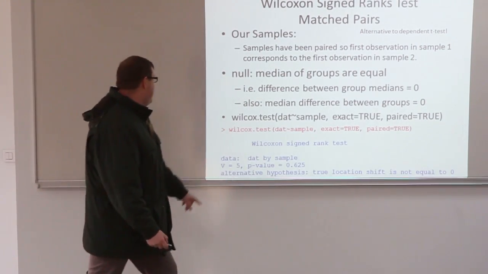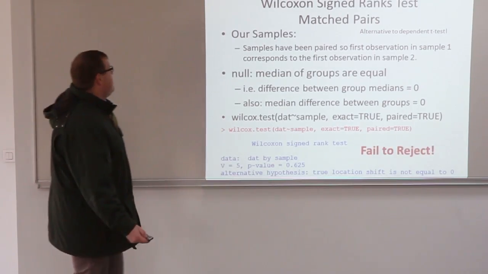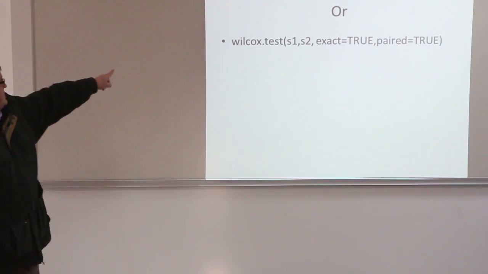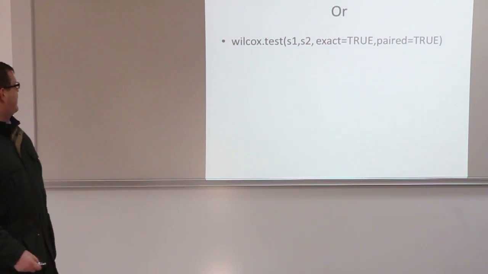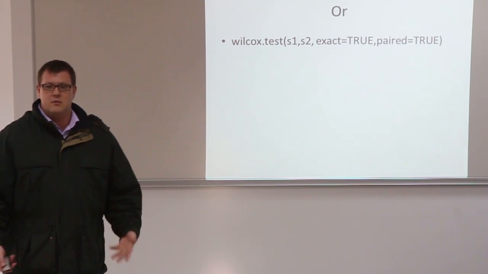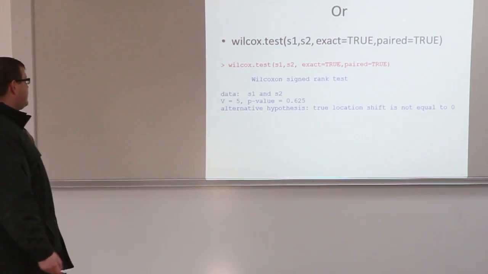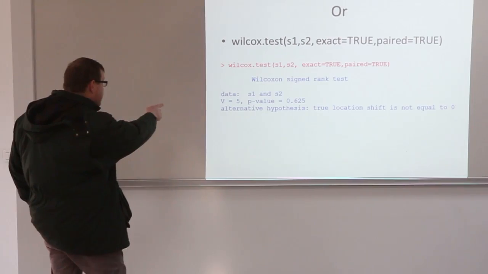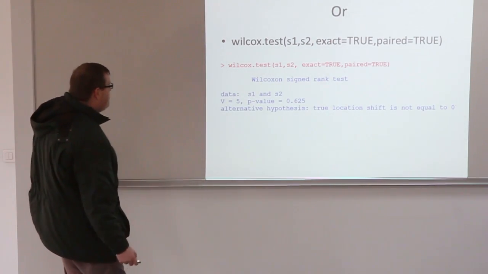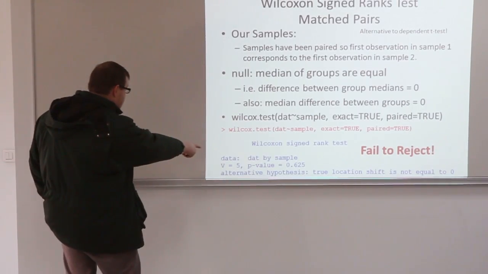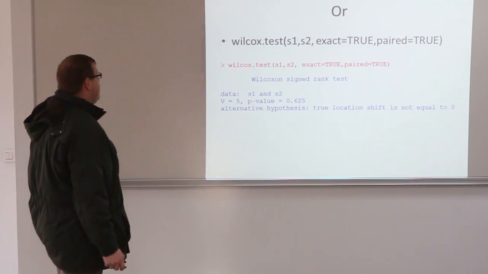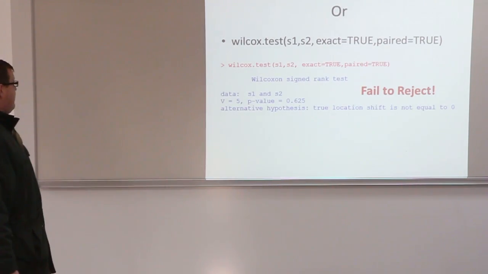Data is organized by sample, data by sample. We can also do it as Wilcox test S1, S2, exact equals true, paired equals true, and we'll get the same answer that we did before. V equals 5, P is 0.65, same thing. All right, failed to reject.